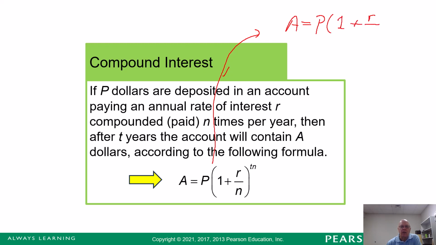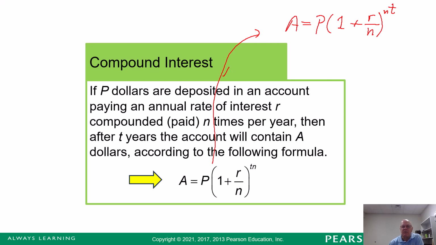Again, the annual rate divided by n, and n represents how often every year that the interest is compounded. But instead of Tn at the top, I put nt. Not a big difference, but most of the books that I've seen write this as nt as the exponent.